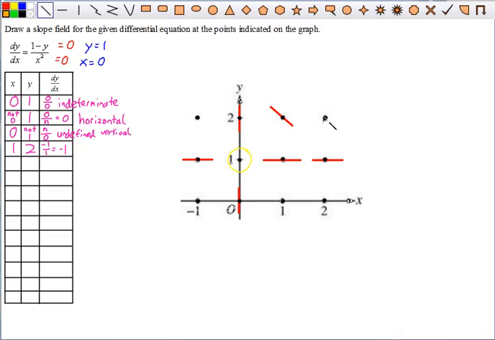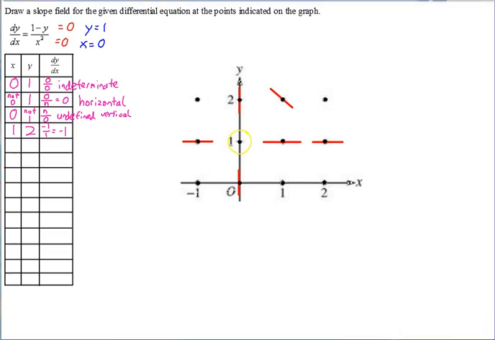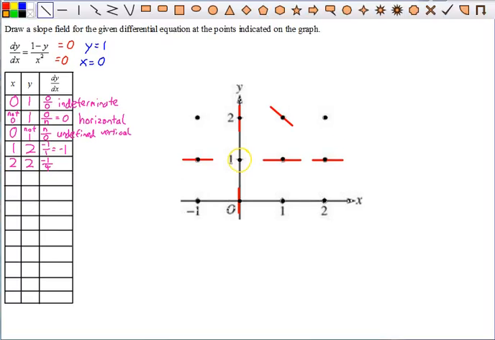Now let's take a look at the point (2, 2). So when y is 2, you get negative 1 over, when x is 2, 2 squared would give you 4. That would be negative 1/4.